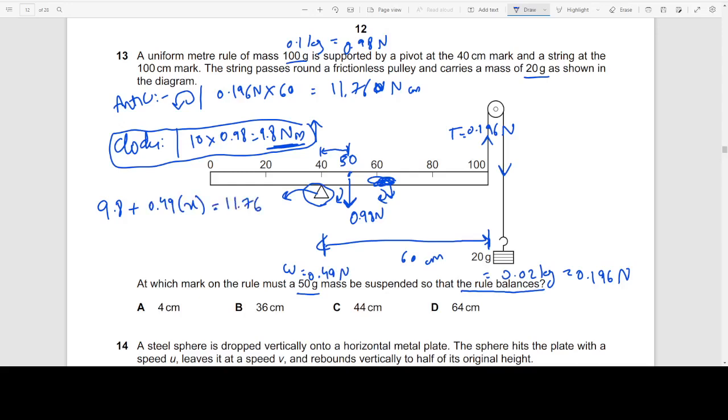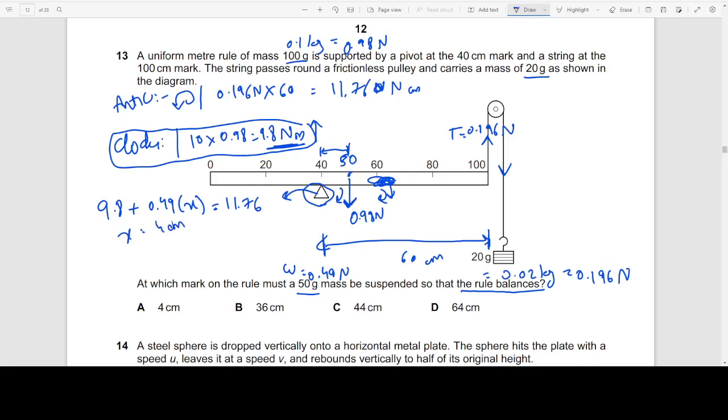So if you calculate, yes, you get x as 4 centimeters.